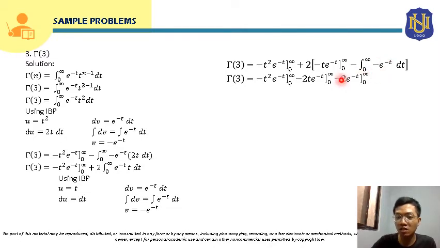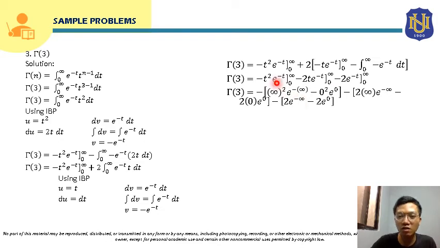From 0 to infinity. So we just distribute 2 here. So 2 will be distributed here, and it will be distributed here. That's why it's multiplied by 2 here. Okay, so from here we can now evaluate this. Evaluating the first term, we will just substitute the upper and lower limit.